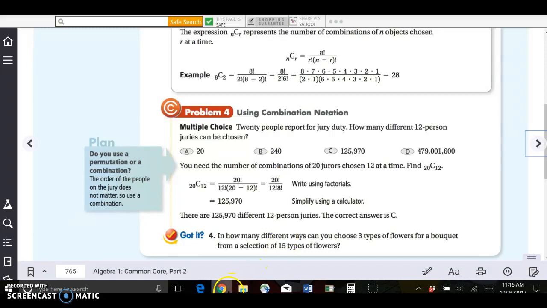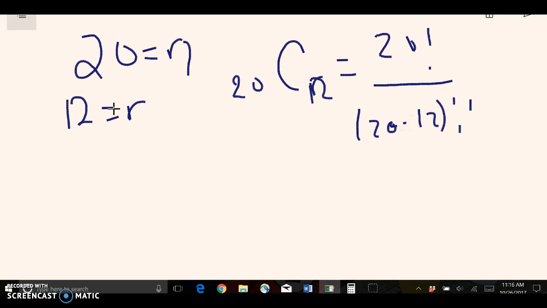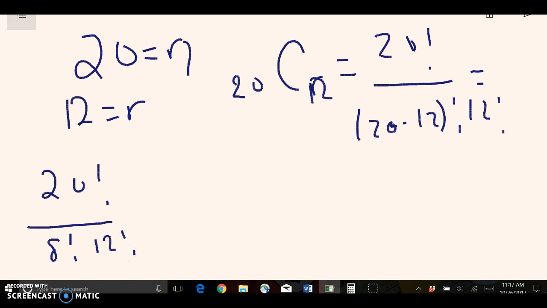So 20 is my n and 12 will be my r. That would be 20C12, which is 20 factorial over (20 minus 12) factorial times 12 factorial. So that gives me 20 factorial over 8 factorial times 12 factorial.